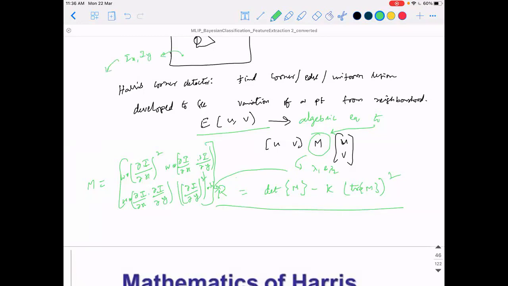From that, to compute the cornerness measure, we compute the matrix M, and then use the determinant and so on to get R. That's all. These are the steps involved. While getting Ix and Iy, you can also consider W convolved with Ix and W convolved with Iy. Is this clear or not? This is the Harris corner detector.